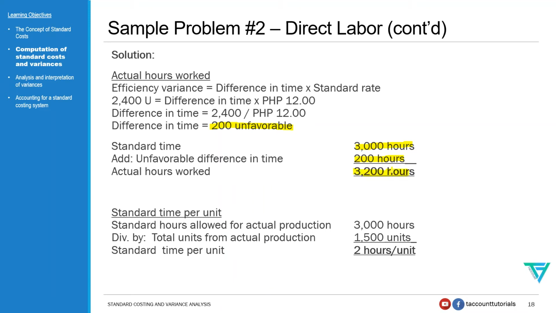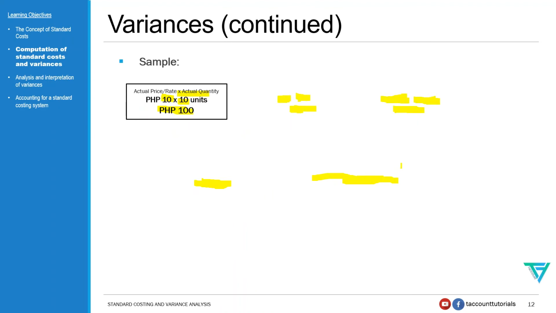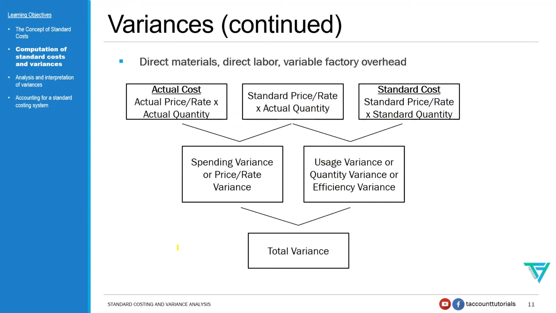Okay, so that's that. Just to provide a recap on this one, if we go back to our visual diagrams here, we can see that the approach is very simple in that we would just be trying to compute for the variances from top to bottom.